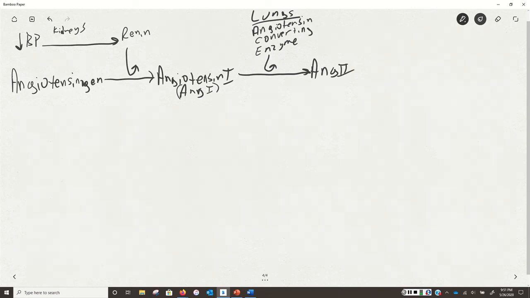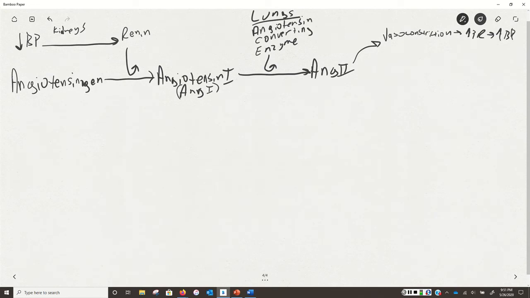Now, angiotensin II, this does two things. First, we've already seen that angiotensin II is the most potent vasoconstrictor in our body. So we get vasoconstriction, which increases peripheral resistance, which increases blood pressure.